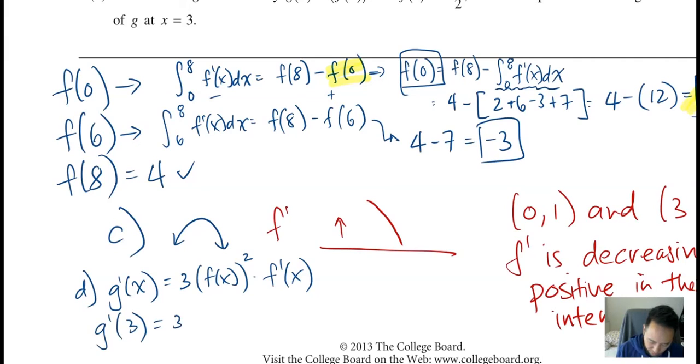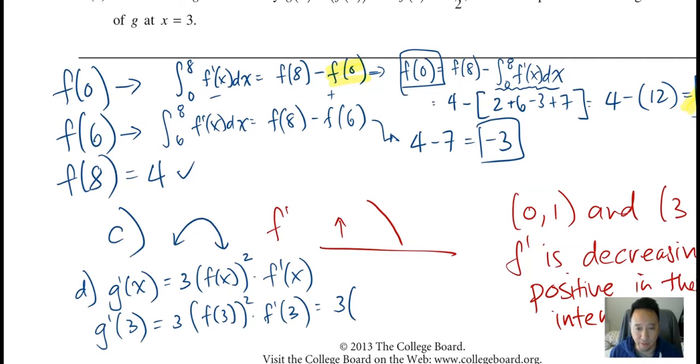So we got 3 times f of 3 squared times f prime of 3, right? Okay, so it looks like I have 3 times, and they gave us f of 3, right? f of 3 is what? Negative 5 over 2, so negative 5 over 2 quantity squared times f prime of 3.